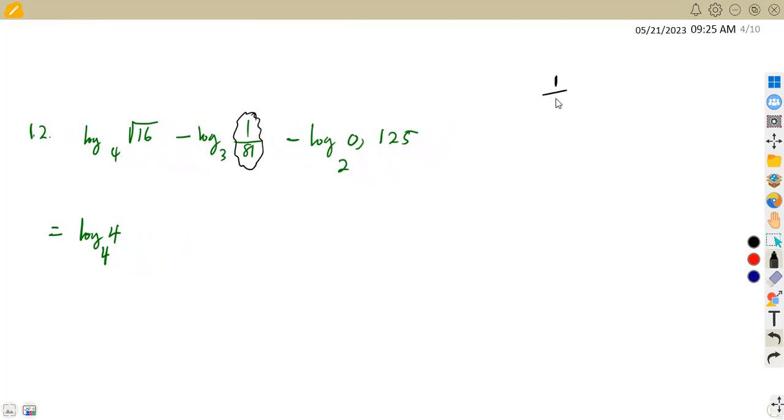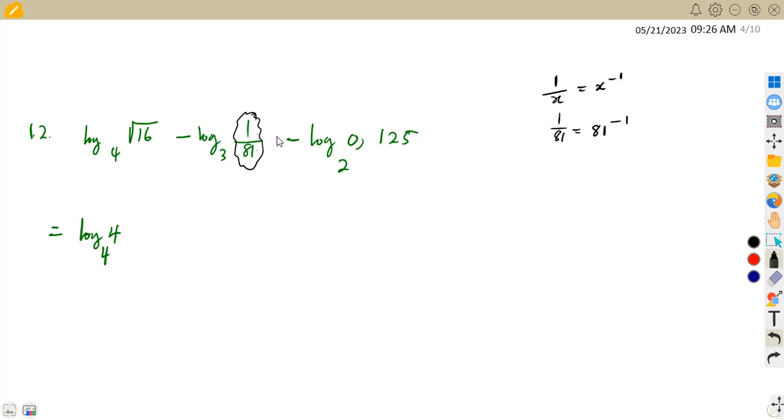Remember, 1 over x is simply the same as x to the exponent of -1. So whenever you're given 1 over a number, that's the number to the exponent of -1. So 1 over 81 is the same as 81 to the exponent of -1.